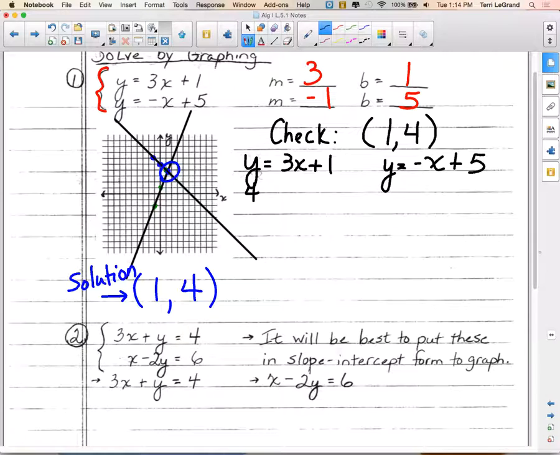So 4 is going in for y, 1 is going in for x, and we just keep simplifying it down. We don't have any solving to do here. We just say, well, 4 is 4. 3 times 1 is? 3 times 1 is?